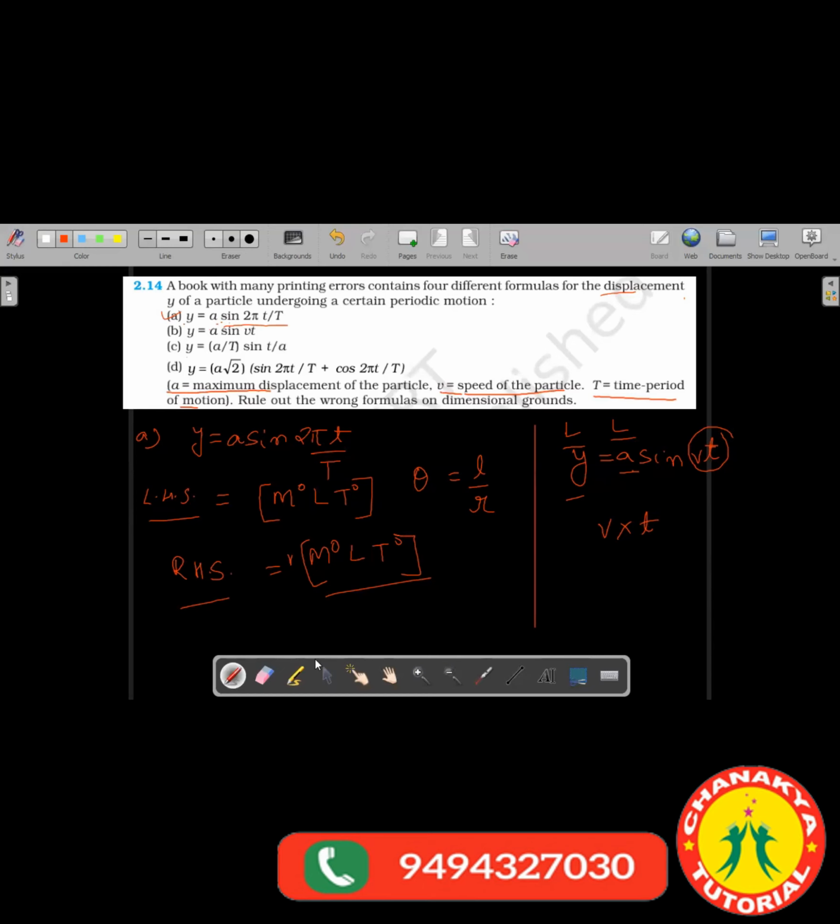Yes. What should be the dimensions of V multiply T? Dhananjay, can you obtain the dimensions of V multiply T?